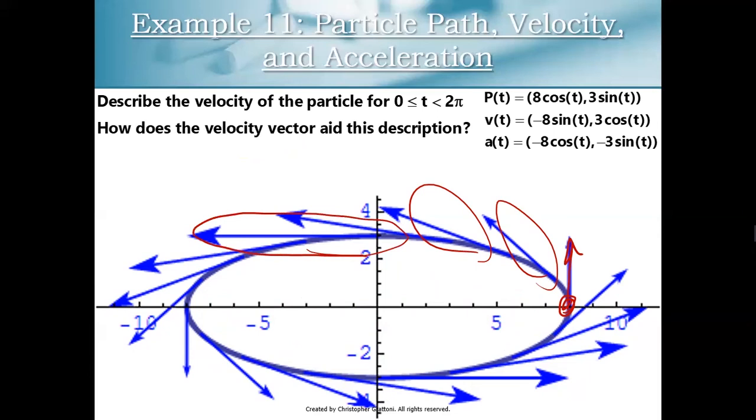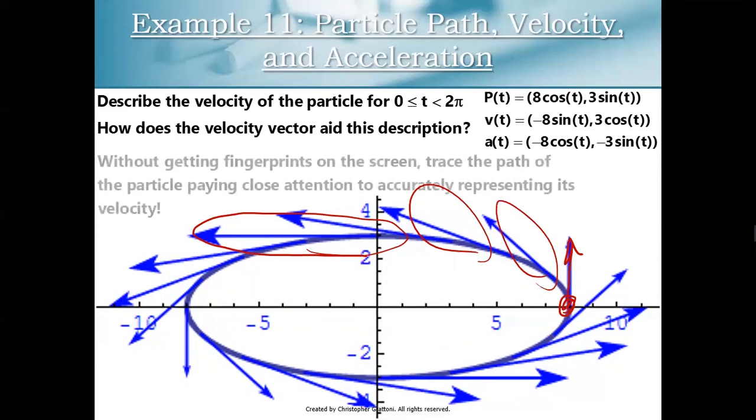So this particle is going slow around the tight curve, and then on the straightaway it's speeding up, and then when it gets to the next curve it's slowing down, and then on the straightaway it speeds up. You could almost trace it with your finger, the speed of that particle as it moves along that curve. Slow at those tight curves and fast along those straightaways.